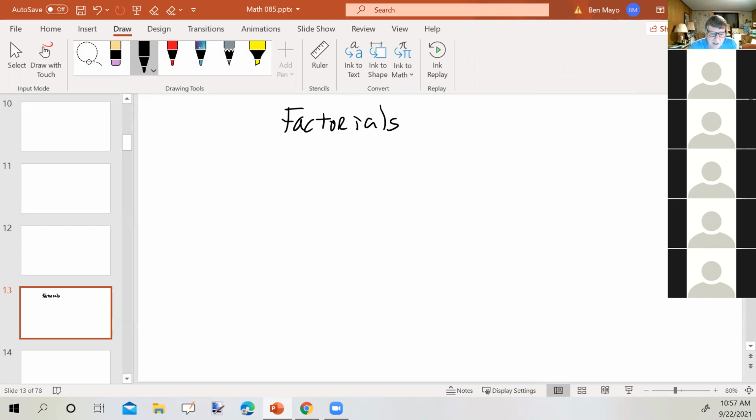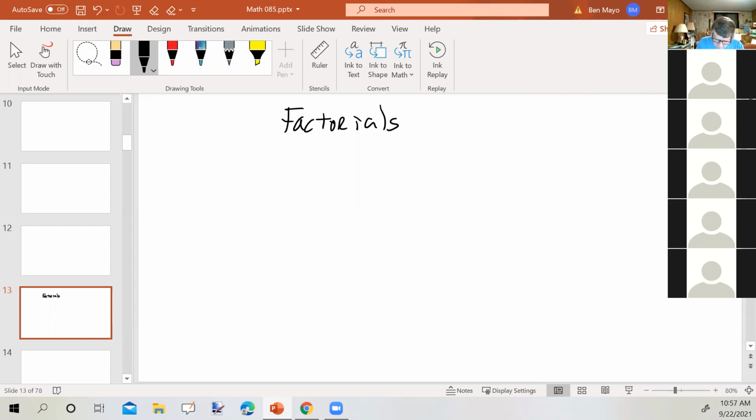In both those classes, you deal with statistics and probability and the odds of things. And there are formulas in these courses that involve factorials. So we need to become familiar with them. That's the main reason we're going to be studying them this quarter.